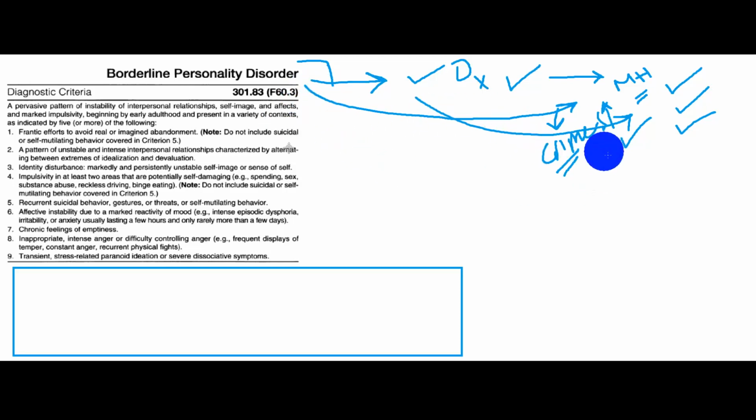So in this situation, having this condition on paper protects you to an extent legally from the crimes that you commit. And it sounds bad, I know, but it is the truth. You have a condition. You cannot deny that. You see? So that's regarding the diagnosis and whether it's good or not to have the diagnosis.